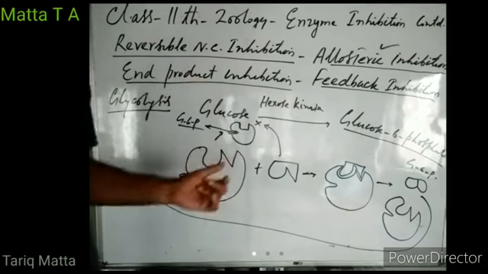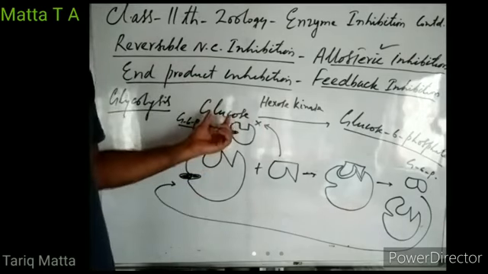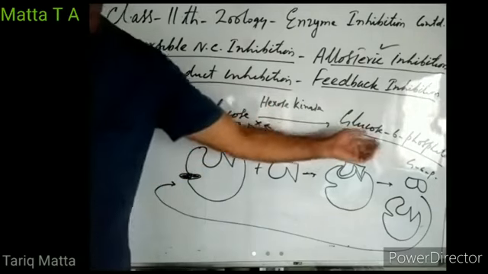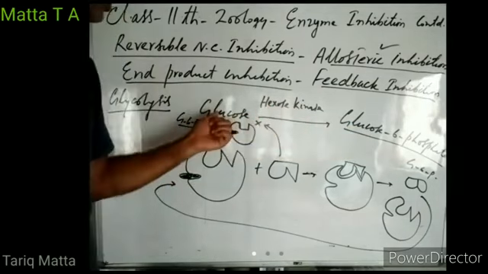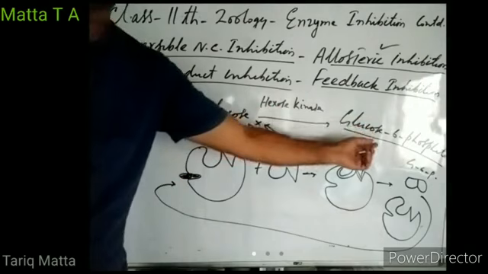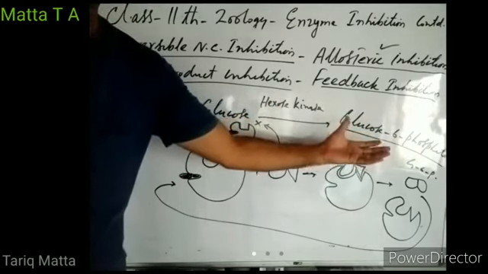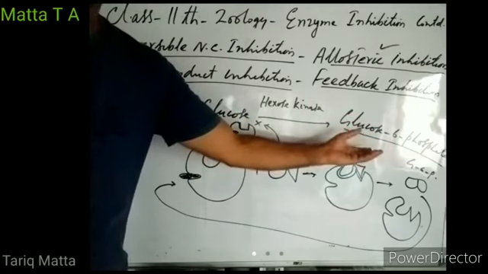Why do we call it end product inhibition? Because the end product of hexose kinase was glucose 6-phosphate. Hexose kinase had to convert glucose into glucose 6-phosphate. So when it formed the end product, glucose 6-phosphate, the end product accumulated in large quantities.